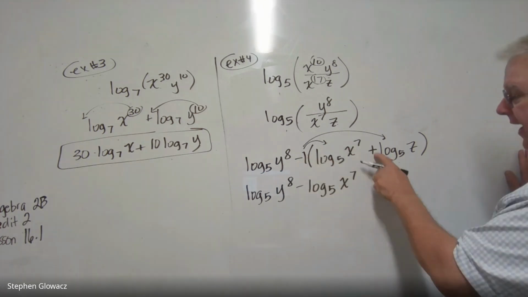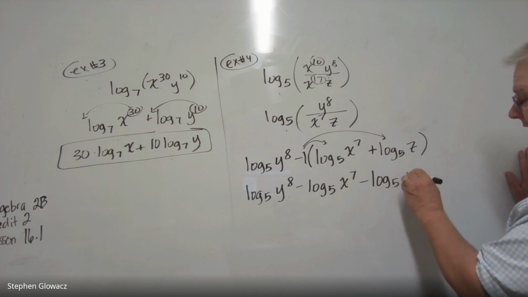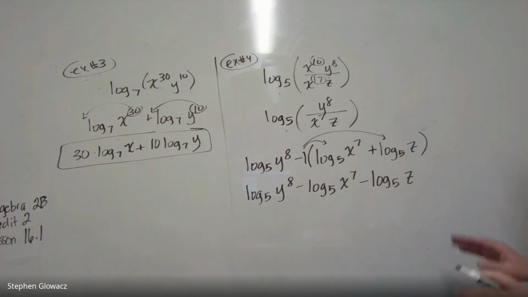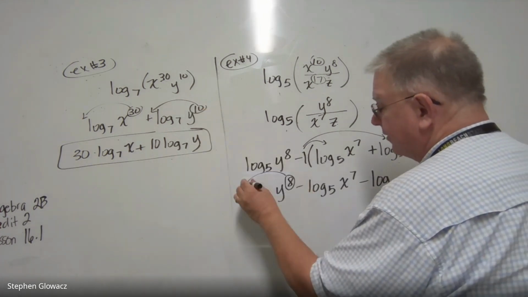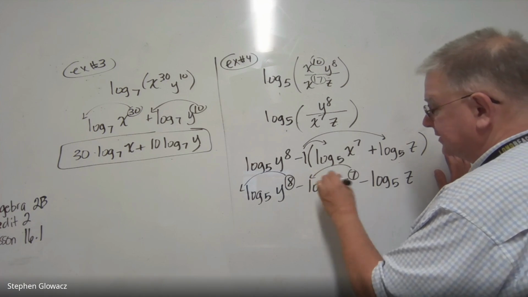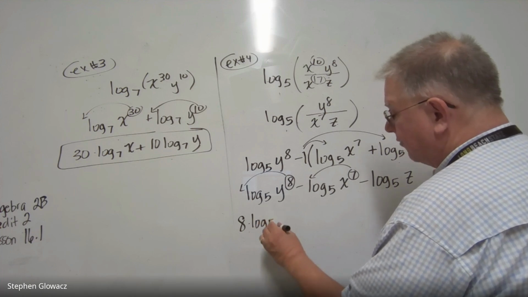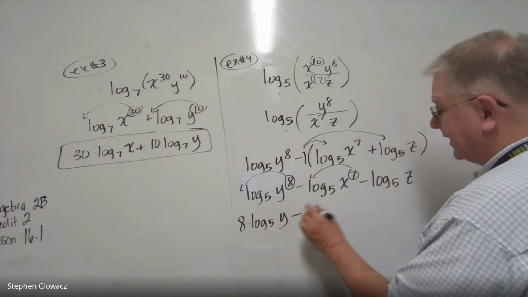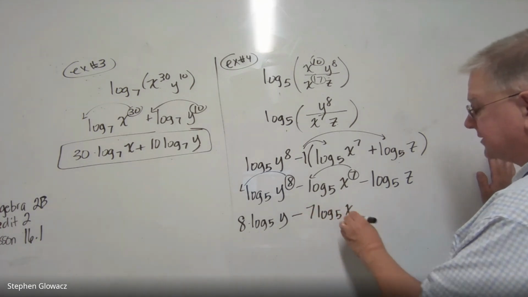Same thing here, a negative times a positive is a negative, so negative log base 5 of z. Now our final step is to take the exponents where they occur, just like we did over here, and bring them down in front, write them as coefficients. So we have 8 log base 5 of y minus 7 log base 5 of x.